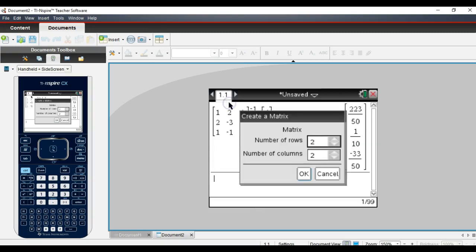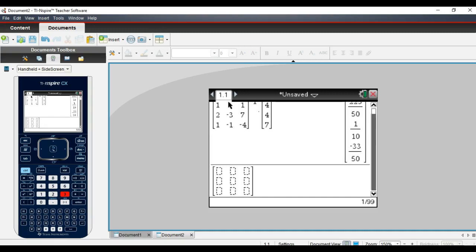And this matrix needs to be a 3 by 3 matrix. And the suspense is not there because I've done it up there. So you'll be typing in 1, 2, 1, 2, negative 3, 7, 1, negative 1, negative 4.